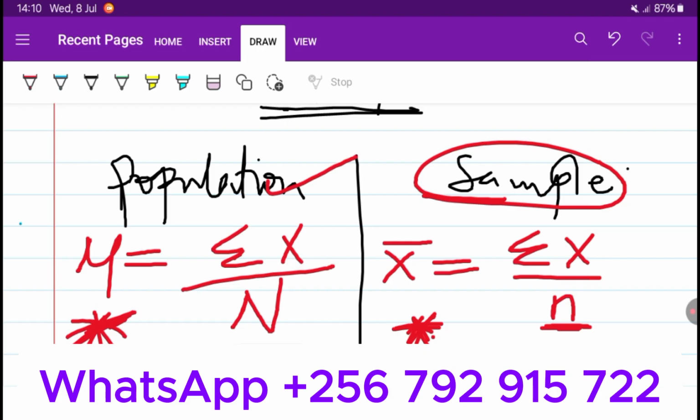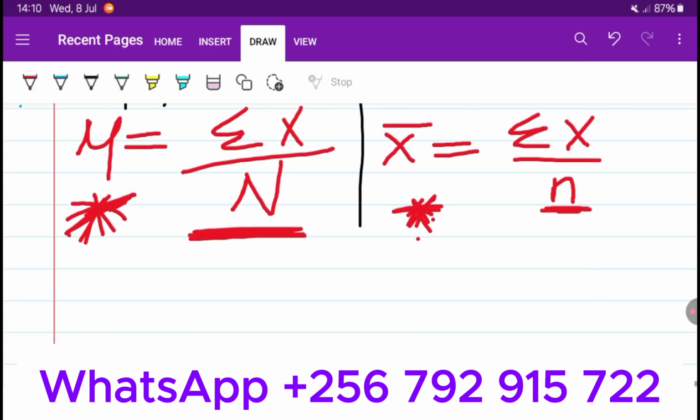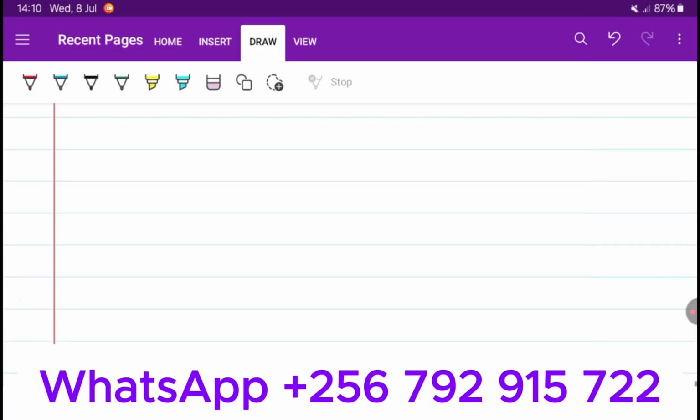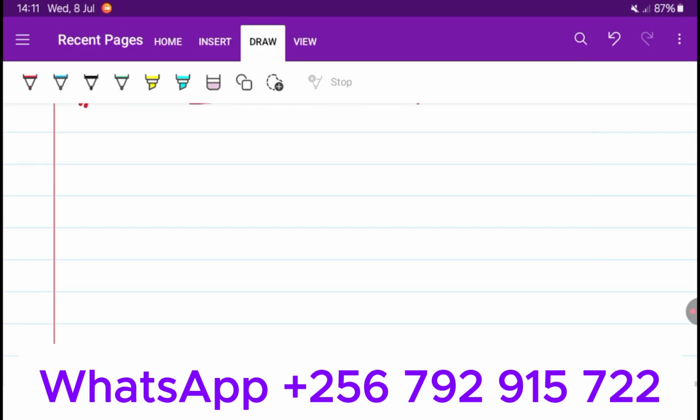So that was just for individual values. Now I want us to look at still under individual values, but these individual values have what we call the frequency. So we want to look at those values that are going to be repeated several times. Yes, they are individual values or discrete values, but they have gone ahead to repeat some of those values several times.